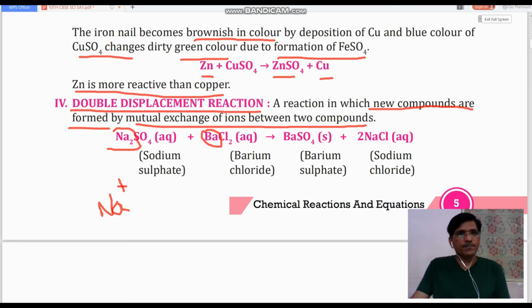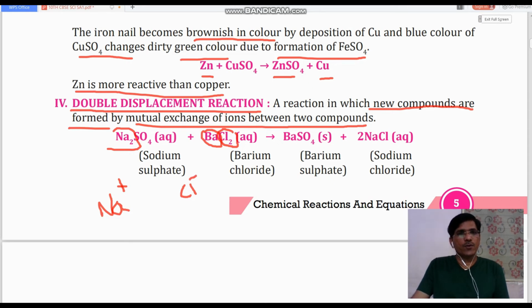Again I repeat, double displacement means sodium sulfate and barium chloride exchange ions. Sodium reacts with chlorine, here it is Cl2, so Cl minus.